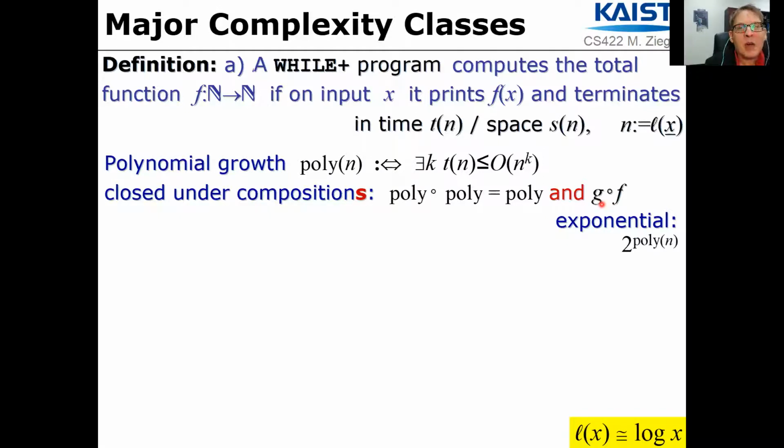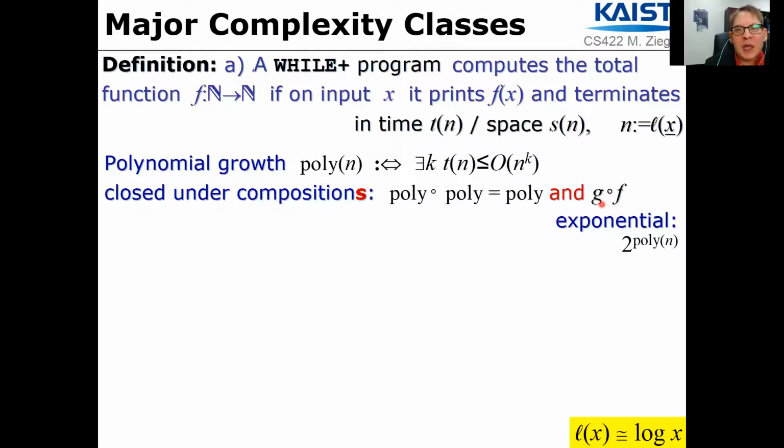But remember our discussion that a polynomial time algorithm can increase the binary length of its data at most polynomially, and therefore the binary length of y indeed is at most polynomially larger than the binary length of the original argument x.